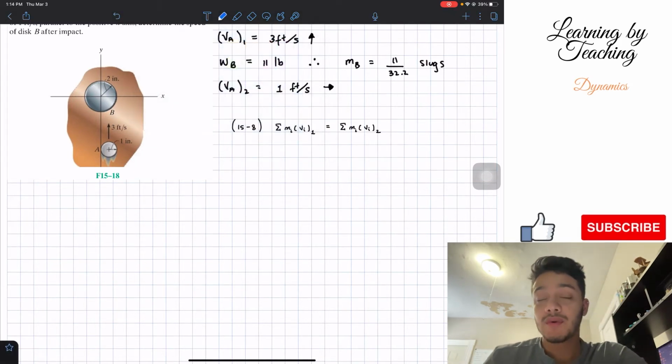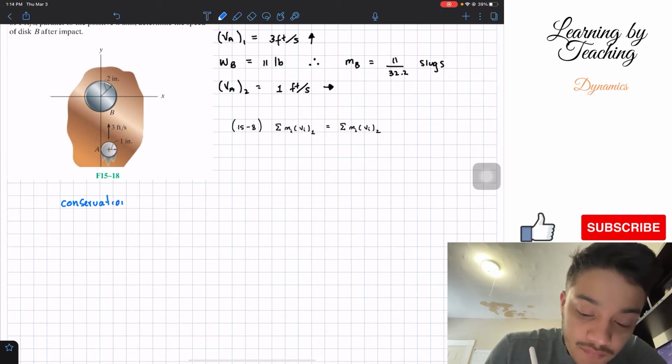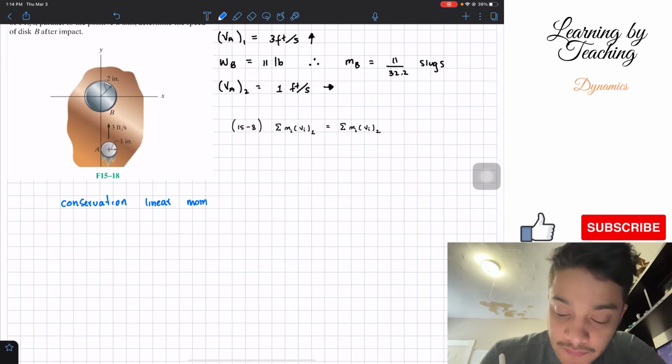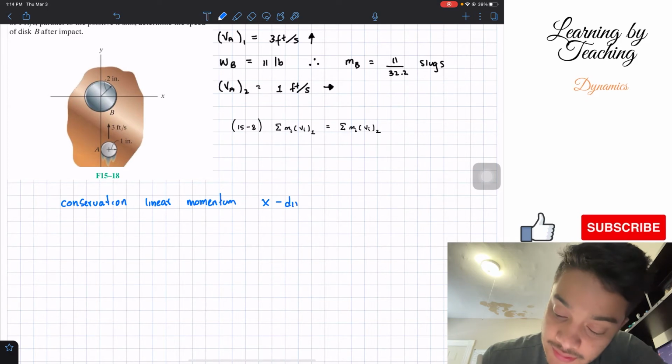And what we're going to do is divide this problem into the x direction and the y direction. What do they mean by that? So let's start. We're going to do the conservation of linear momentum, but in this case we're focusing on the x direction.